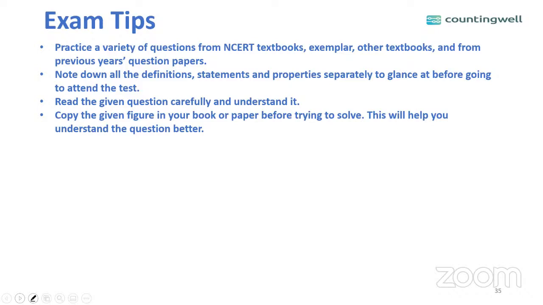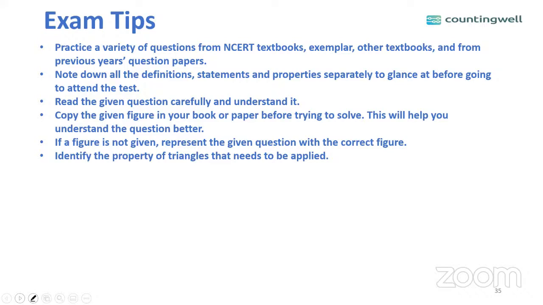Now copy the given question in your book or paper before you try to solve it, because this will help you understand the question better. Also, if the figure is not given, you should always represent the question with a correct figure, which can be a rough figure as well, because you can take that figure as the reference and then apply the required property or property statement.